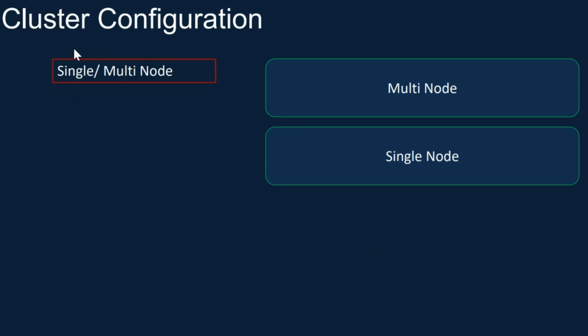So at first we have the option to choose whether we want to create a single node cluster or a multi-node cluster, as you can see. A multi-node cluster will have one or more worker nodes, or executor nodes, as we discussed in the previous video. When you run a Spark job against a multi-node cluster, the driver node will distribute the tasks to run on the worker nodes in parallel and return the results, and that gives us the ability to horizontally scale the cluster depending on your workload.